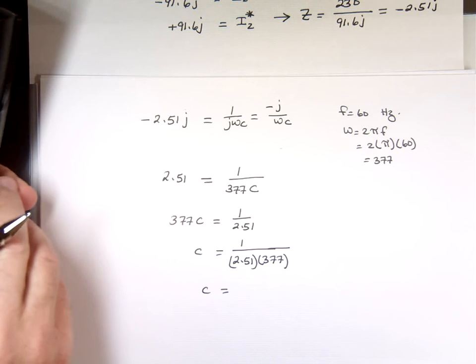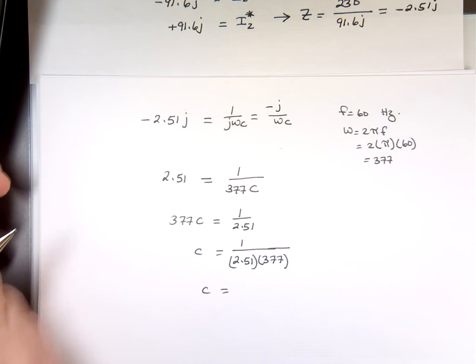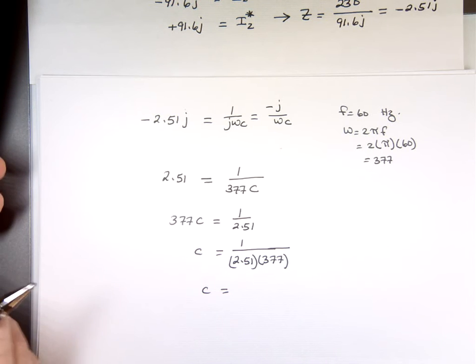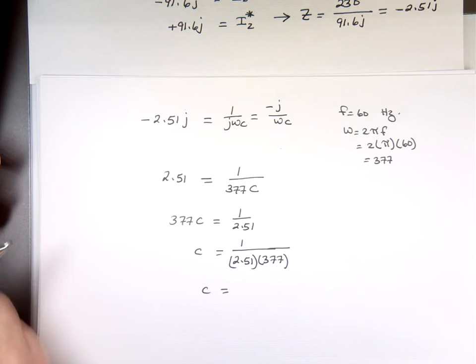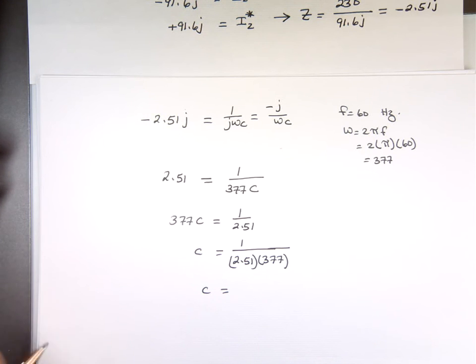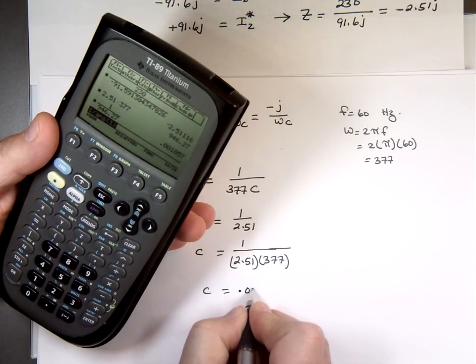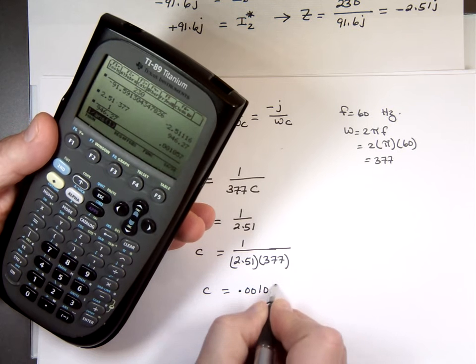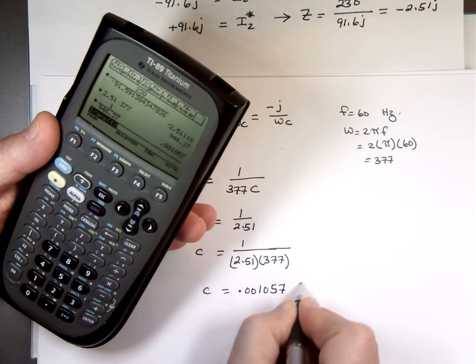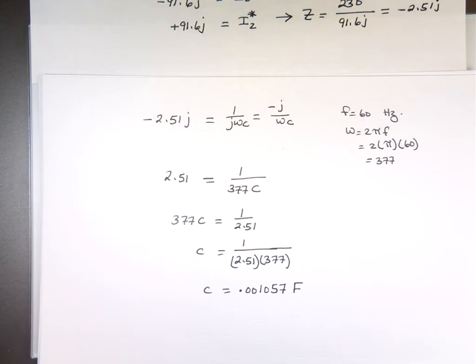So 2.51 times 377 equals 1 over that. And I came up with 0.001057 farad. We usually don't like to write a capacitor like this.